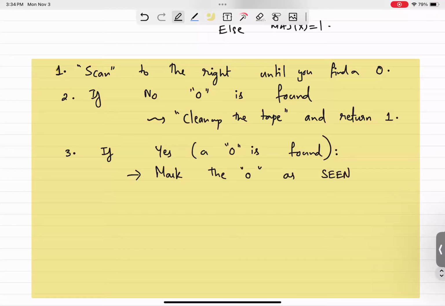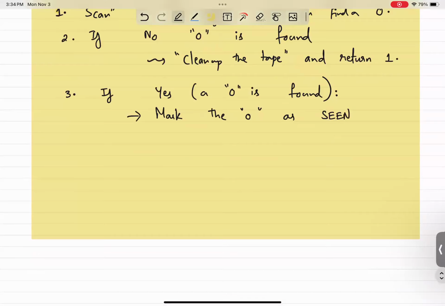That just means that I'm going to overwrite the 0 with some other symbol, like an A. That just means that I've seen it already. And I have to now hunt for a 1. But how do I hunt for a 1? I need to hunt from the beginning. I don't know where the 1 is. So you say go to the start of the tape.